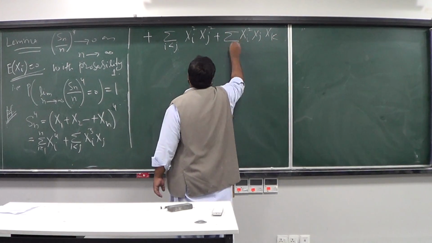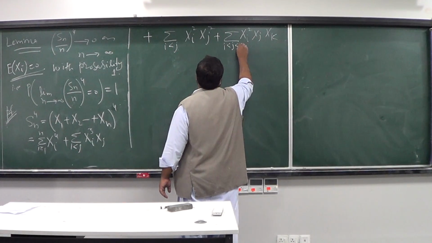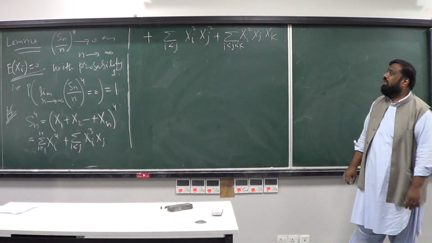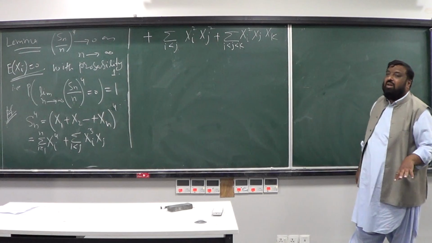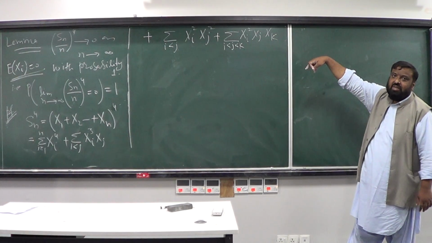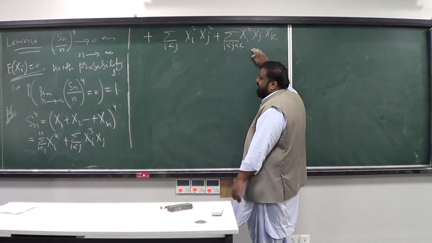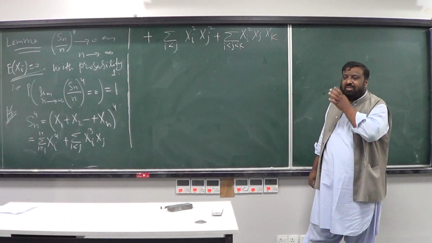And this is a triple sum, one on i, one on j and one on k, where i, j and k are different. So this would be another kind of term that will appear in this sum. Okay. I'm not putting any coefficient for now because I'm not at the moment interested in how many such terms are going to be there.